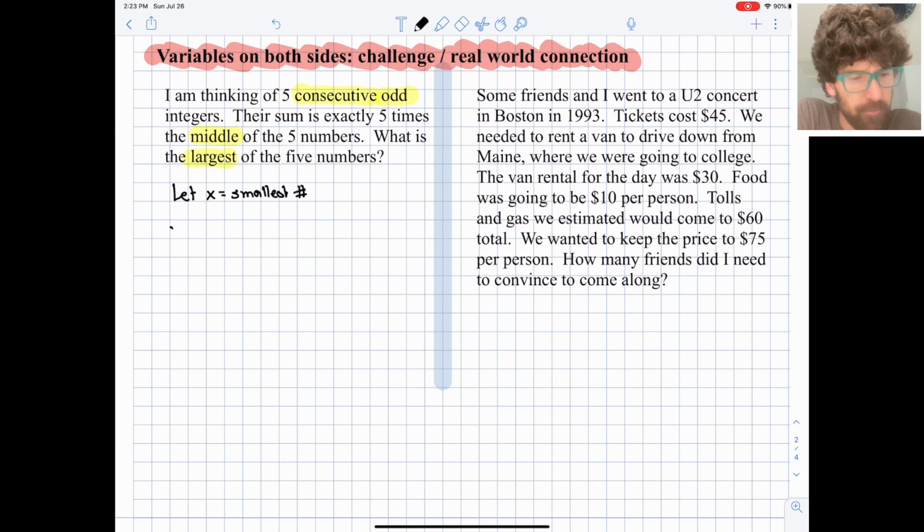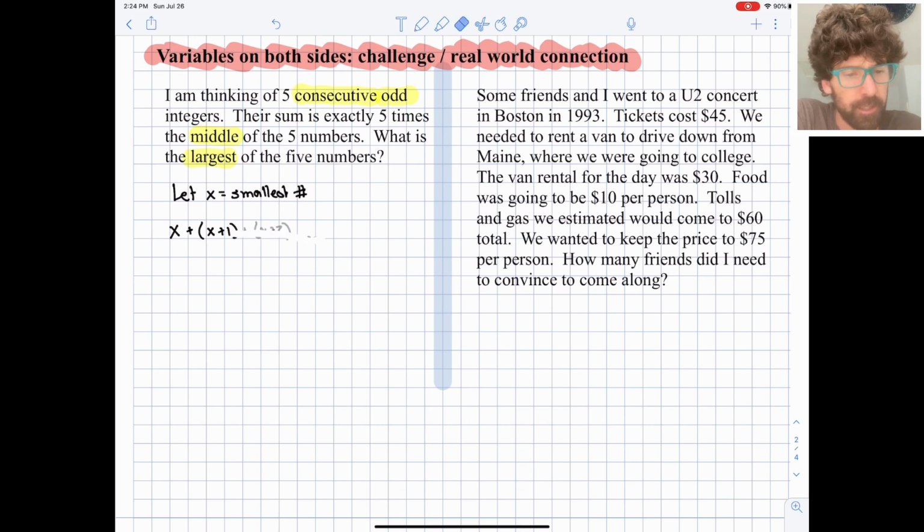And so one thing, whenever you're dealing with consecutive numbers, if we're just dealing with plain old consecutive numbers, we have x and x plus 1 and x plus 2. But that's actually not what we're dealing with, and that would keep going for however many numbers we want.